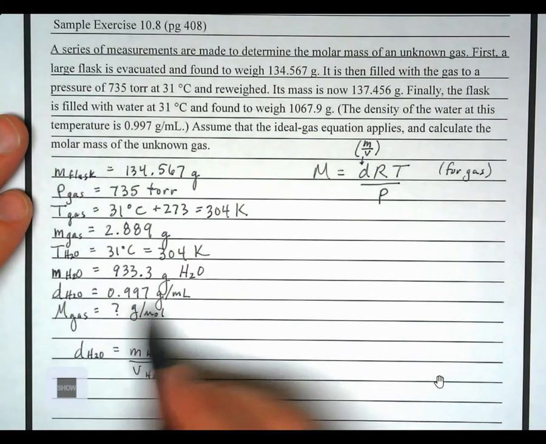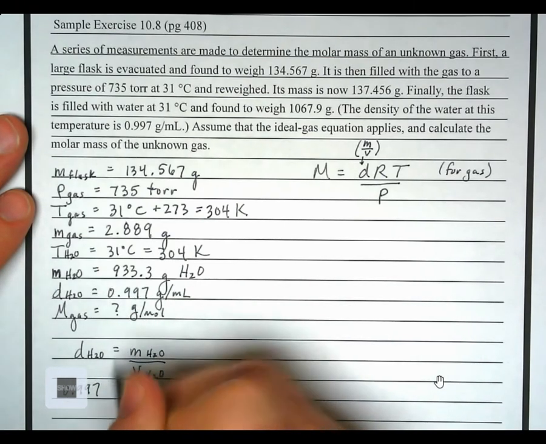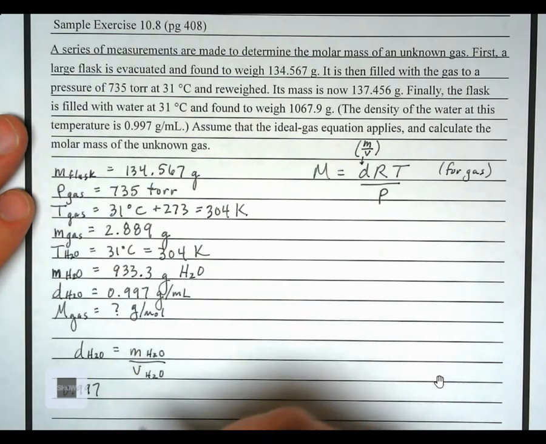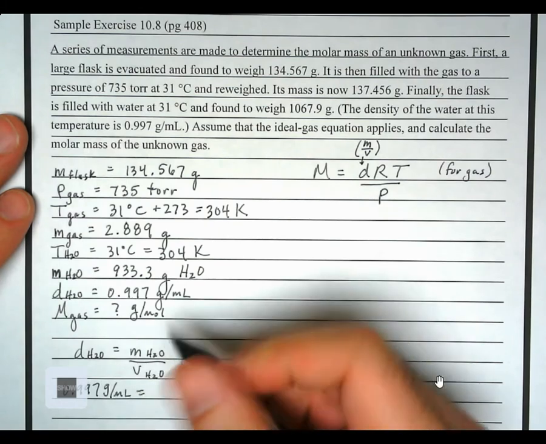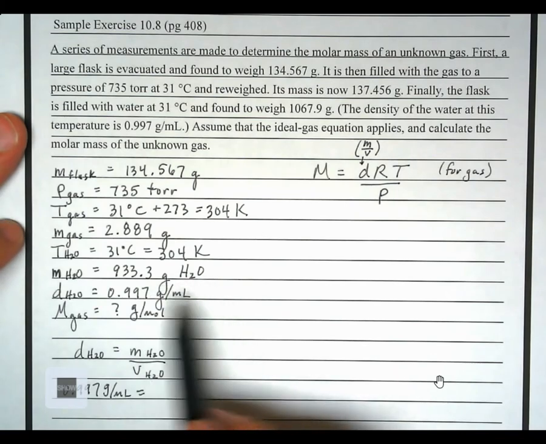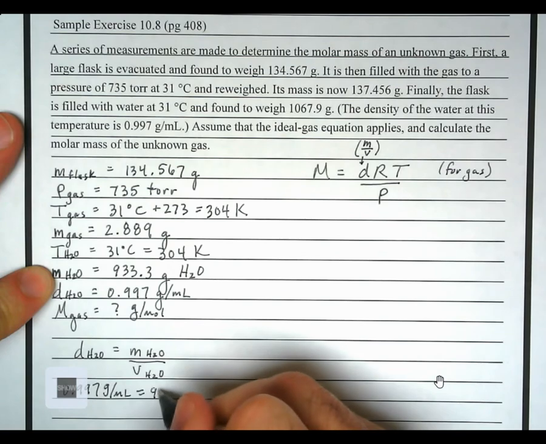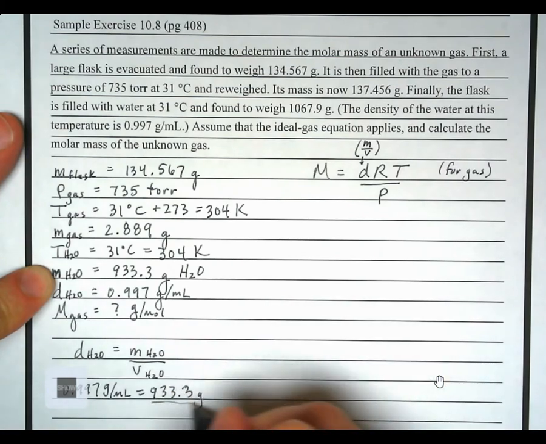So we've got density of water, 0.997 grams per milliliter. And we got a mass of, no, wait, that's the gas. Where's the water mass? Here, 933.3 grams. We're looking for the volume, right?